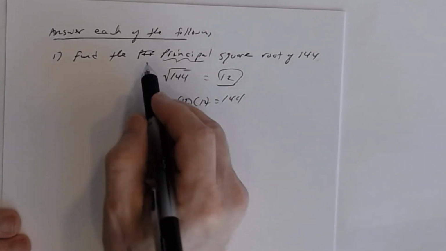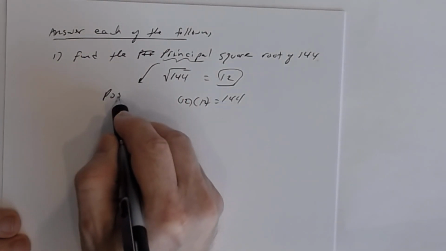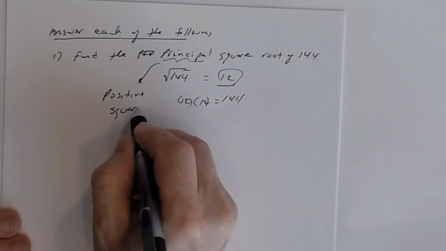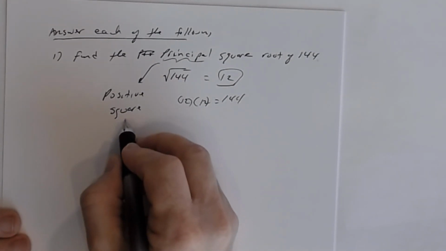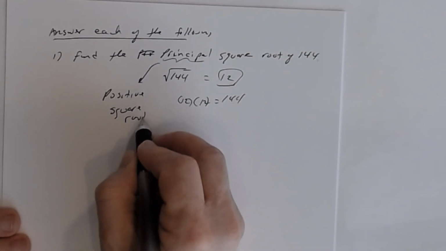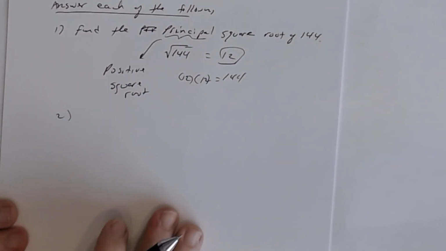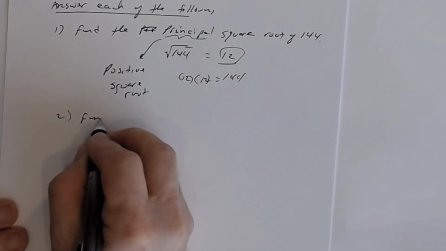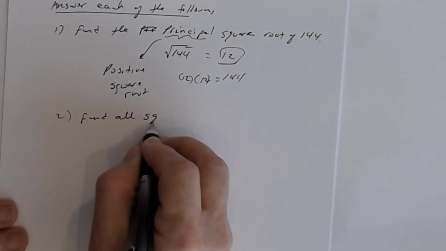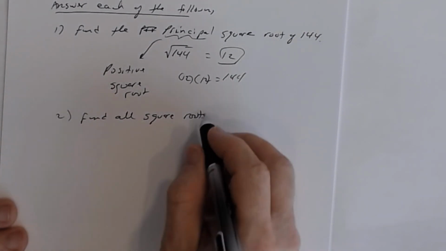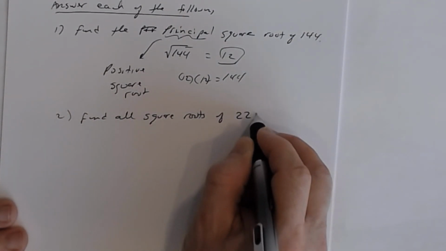Principal square root means you're looking for the positive square root. That's what principal means. Compare that one with this one though. This one says find all square roots of 225.